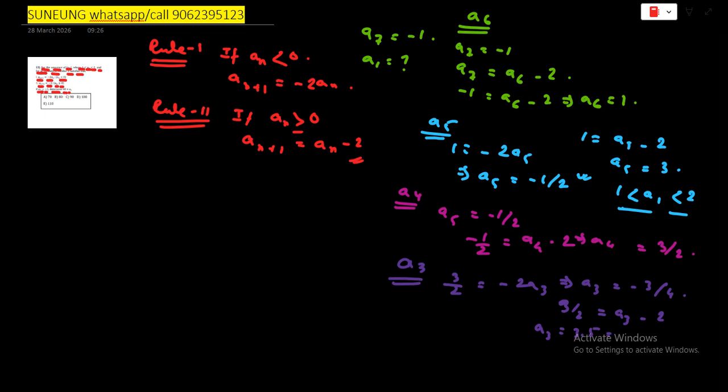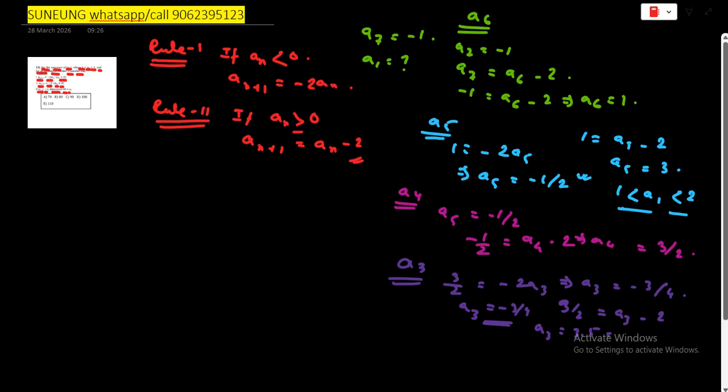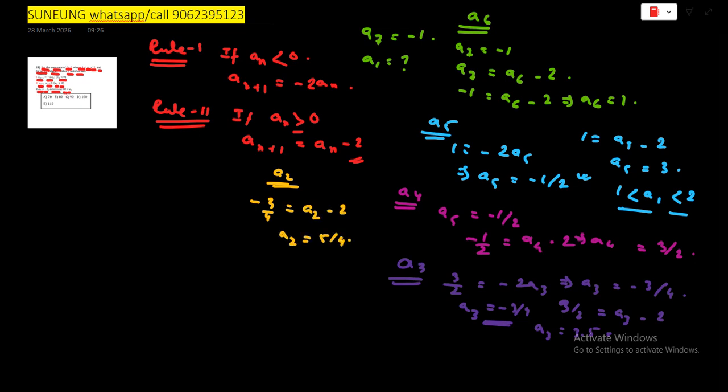Too big. So let's take a_3 equal to minus 3/4. Now it's time to find a_2. So minus 3/4 is a_2 minus 2, so a_2 is 5/4.